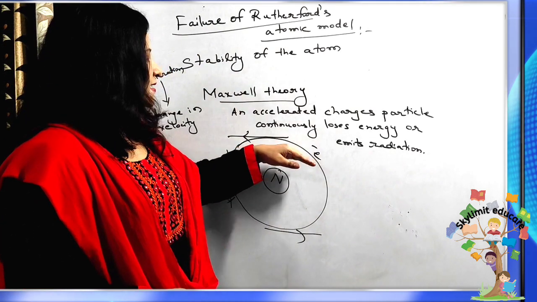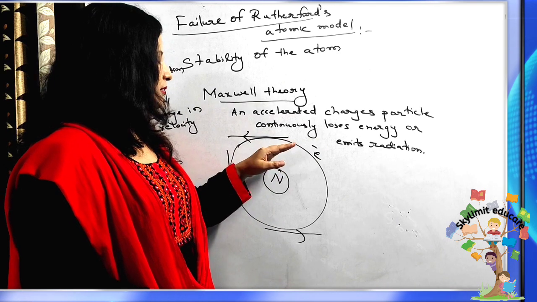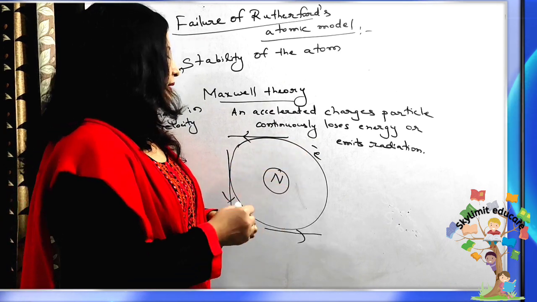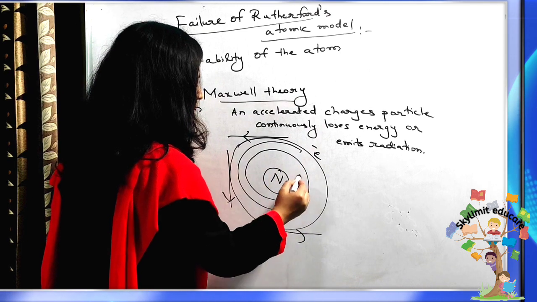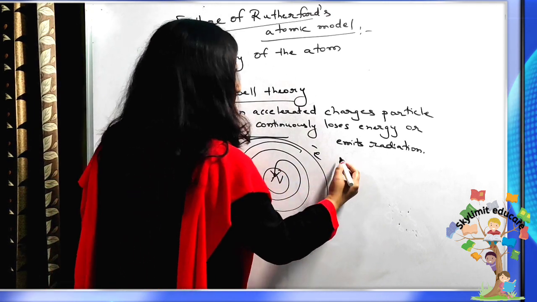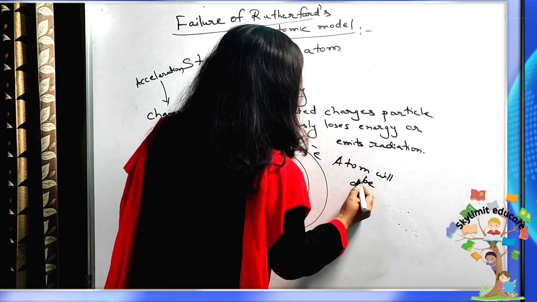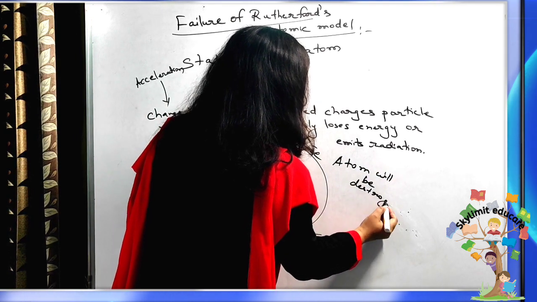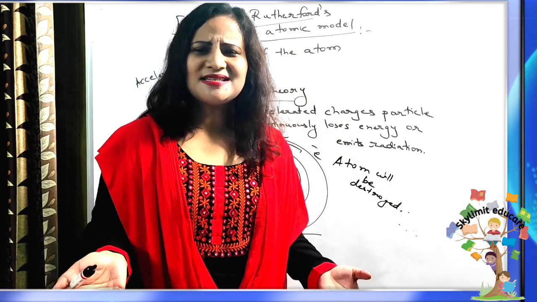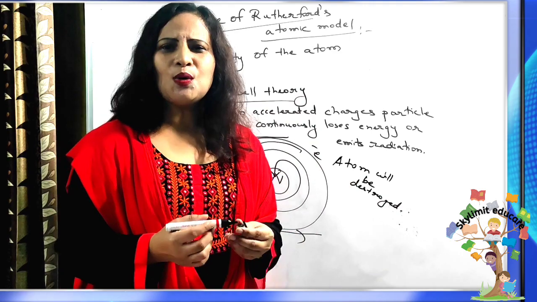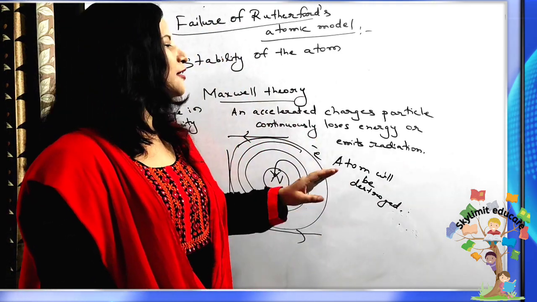So it is having acceleration, and it is a charged particle. Then ultimately it will go on losing energy, collapse into the nucleus, and the atom will be destroyed. But we know that the atom is stable. Matter exists. The atom is stable. So this was the drawback of Rutherford's atomic model.